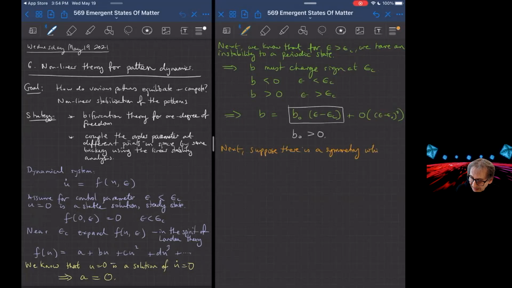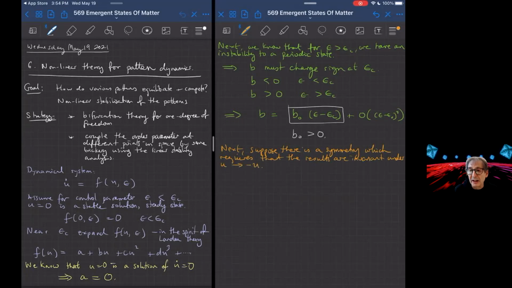And that symmetry requires that the results are invariant under u goes to minus u.